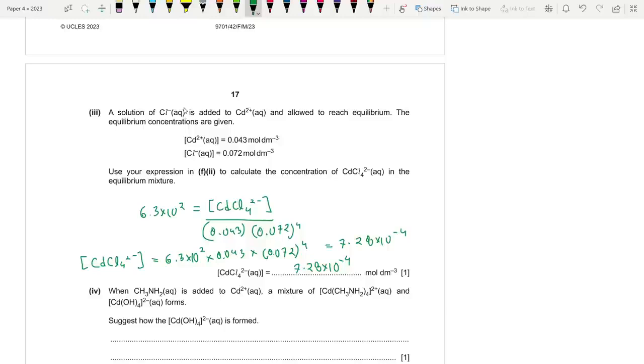But how though? We know where methylamine CH3NH2 is coming from. We have added that aqueous solution, but remember the aqueous solution also contains water, and water dissociates to form H+ and OH-. OH- has a lone pair, so it acts as a ligand which can displace the methylamine ligand. Okay, that's how it happens.